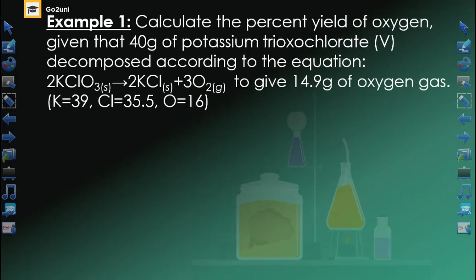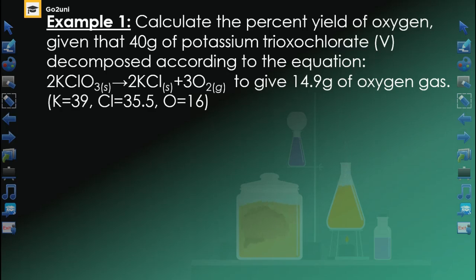Example 1. We are asked to calculate the percent yield of oxygen given that 40 grams of potassium chlorate, that is KClO3, decomposed according to the equation below to give 14.9 grams of oxygen.